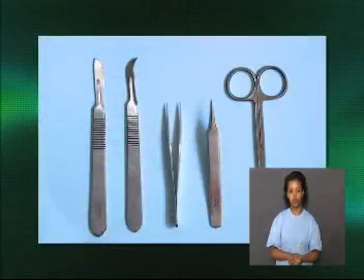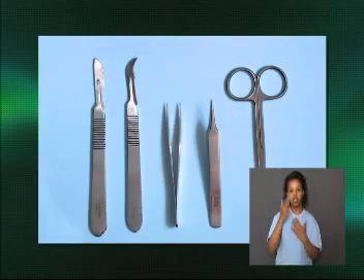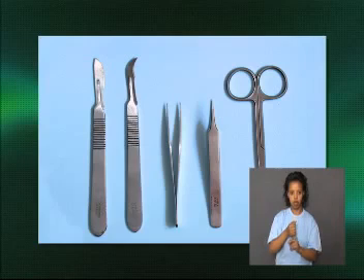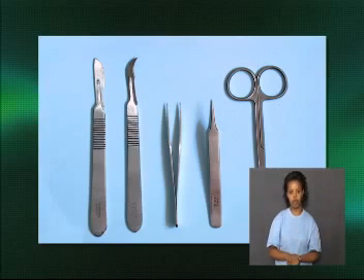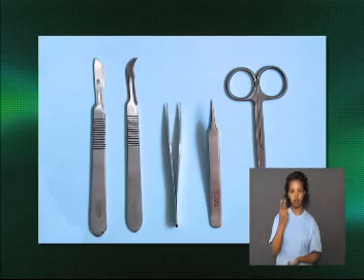A standard dissecting kit contains a magnifying glass, scalpels, scissors, tweezers or forceps, and mounted needles. Scalpels are used to cut away the skin of a specimen.